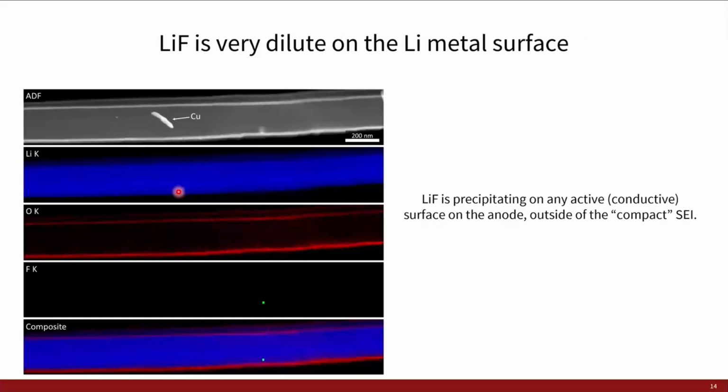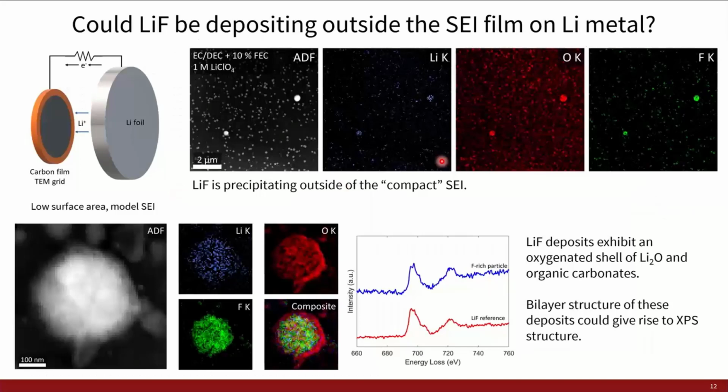And if we then think back to the lithium metal surface, which is very high surface area, we can imagine that the lithium fluoride particles probably do exist on those surfaces as well. But based on the very nanoscale heterogeneity we saw previously, where these particles are precipitating over tens or even hundreds of microns, rather than at the nanoscale, we can imagine that these lithium fluoride particles become very dilute once we take this to a very high surface area lithium metal deposit.